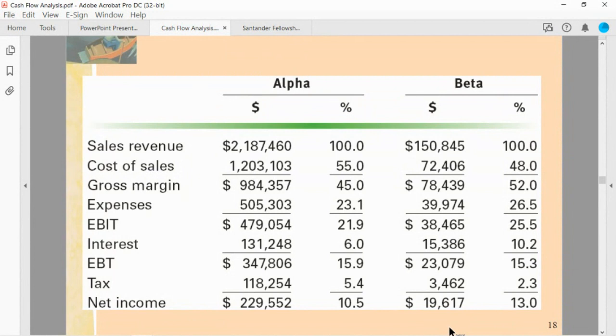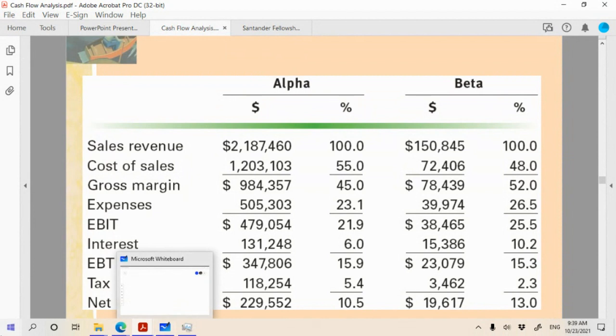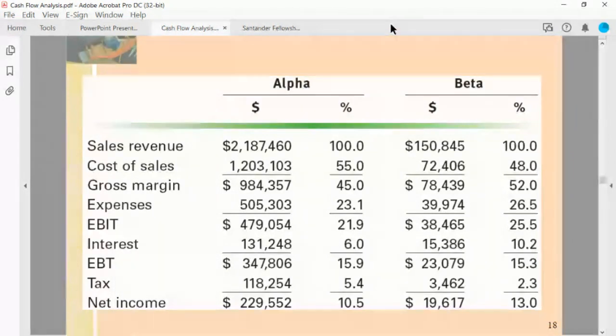What did I say? Firm size is determined mainly by what? When we say firm size, what does that mean?